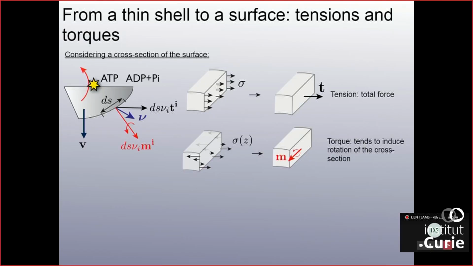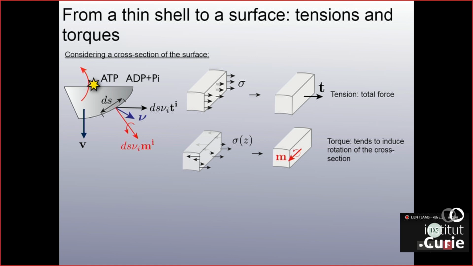Okay, so now I have described my different phases, and now I consider a surface, but I want to describe an epithelium. So I'm not going to consider that the surface has an infinitely small thickness. I'm describing a system with a finite thickness by a simple surface.